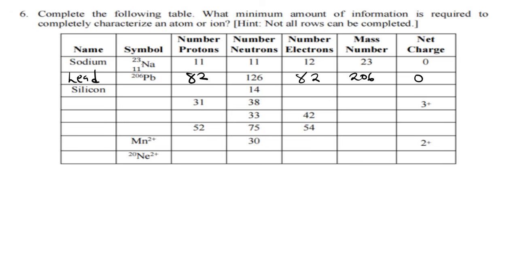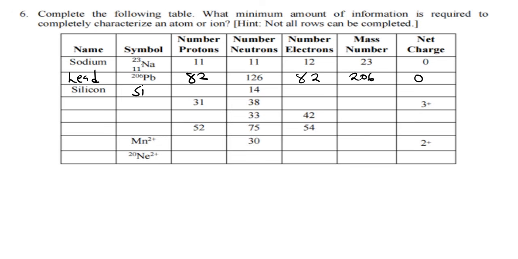That is lead. We come to silicon. For silicon, they want us to put the symbol here, it's Si. They've said the number of neutrons is 14, then everything else is blank. Now for silicon, we have to be very careful.